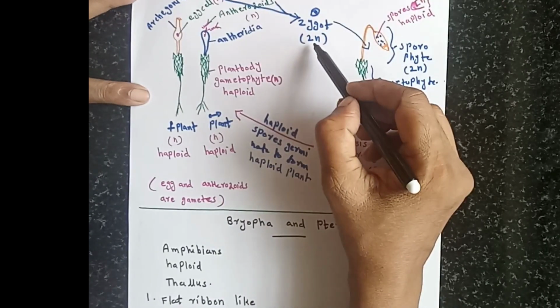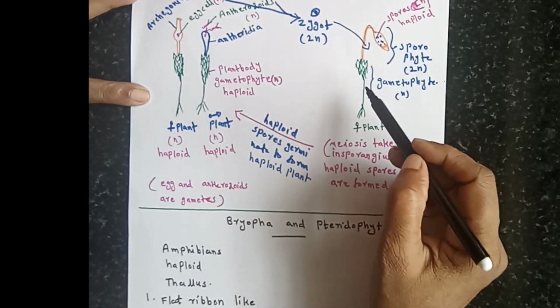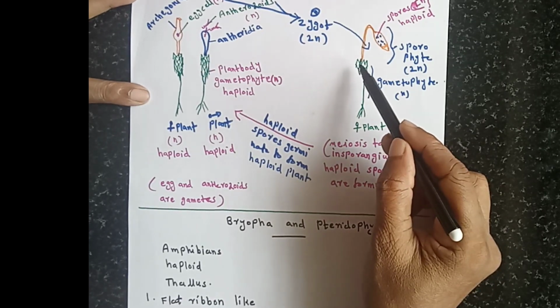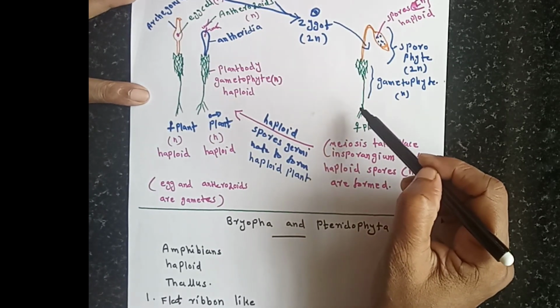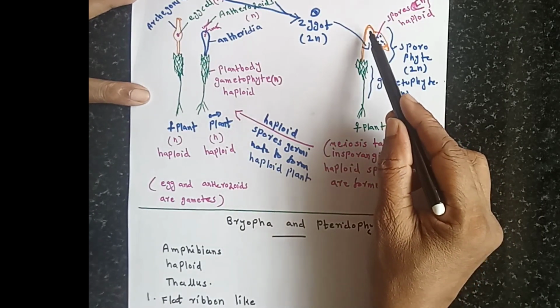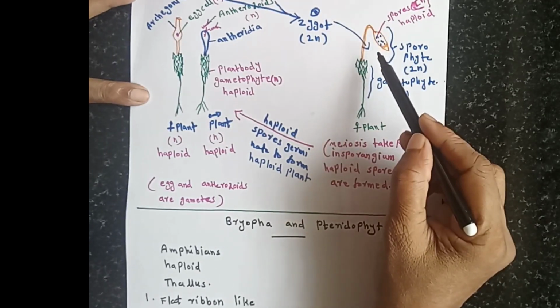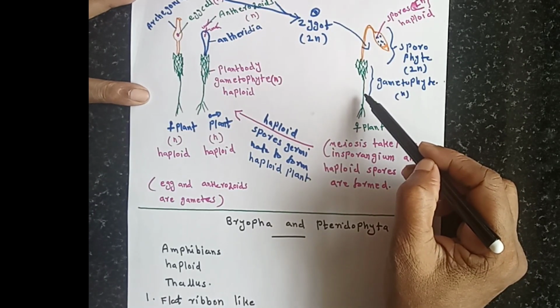Zygote is diploid, so this sporophytic part is also diploid. Then in the same plant, the haploid gametophytic plant body is in the lower part and the diploid sporophytic part develops on this haploid plant body. This is diploid and this is haploid.